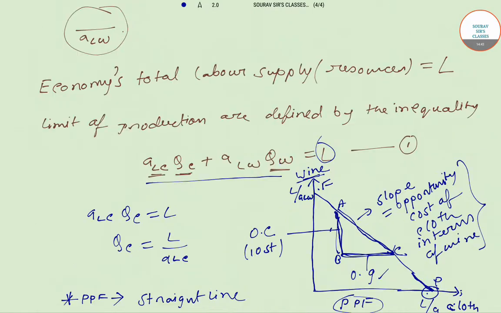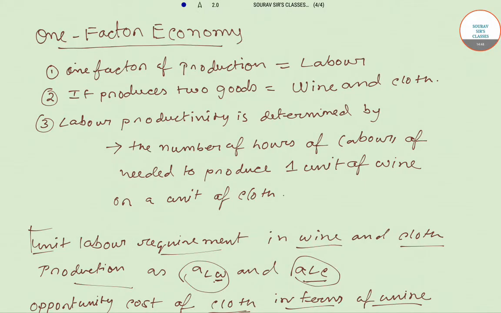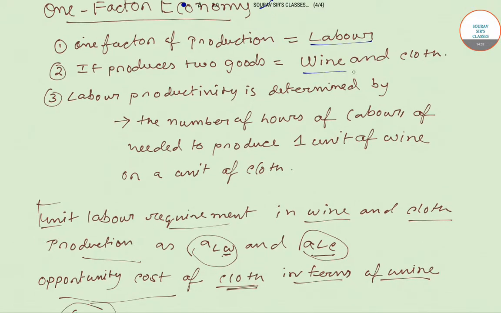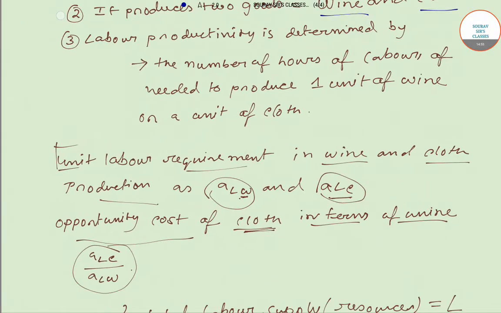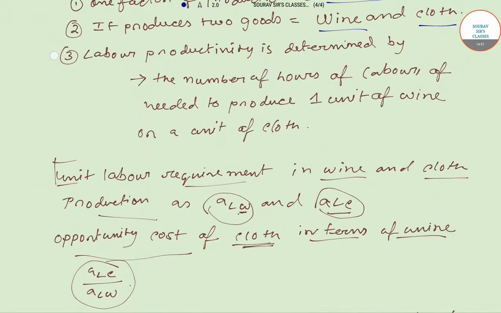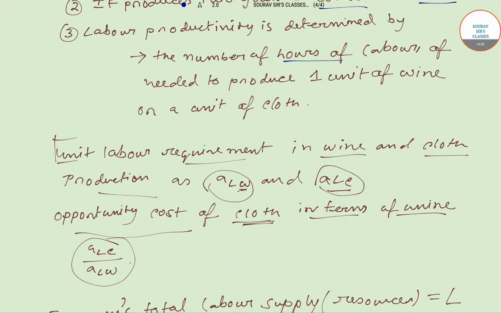So far we have just explained a one factor economy. We have said there is only one factor, which is labor. There are two productions taking place, wine and cloth production. Labor productivity is determined by the number of hours of labor needed to produce 1 unit of wine or a unit of cloth.